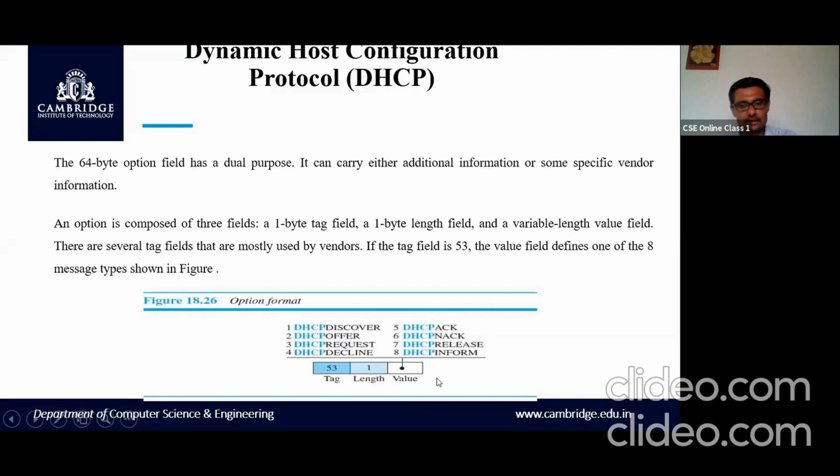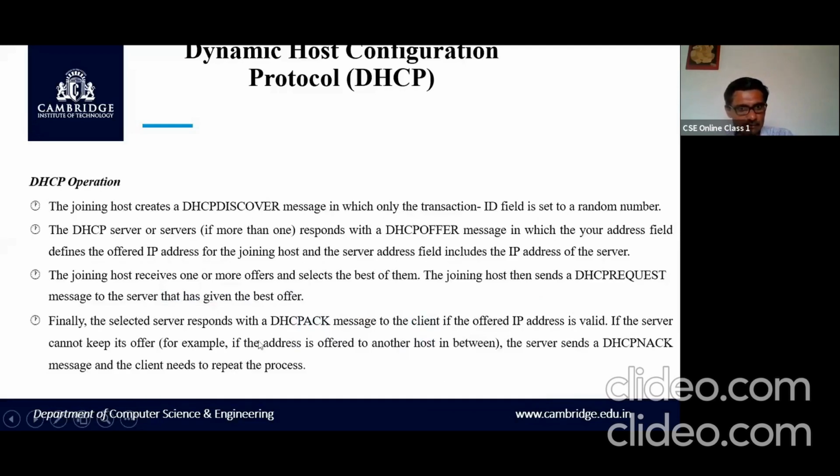Like that, different messages are there. So we will be using some of them here. As soon as the host is connected to the network, the host will create this message. What is that? DHCP discover message, in which only the transaction ID field is set to a random number.